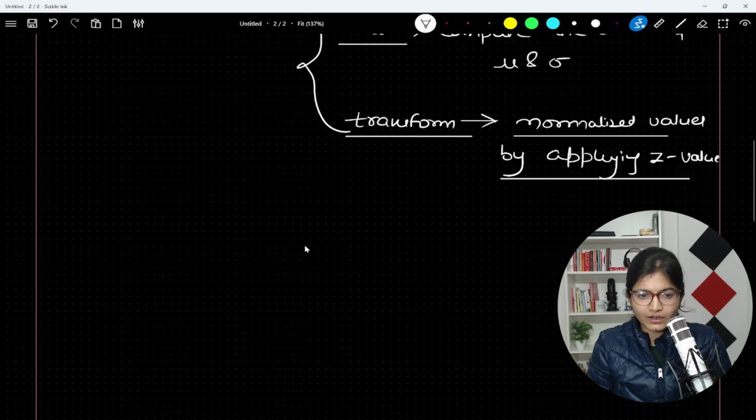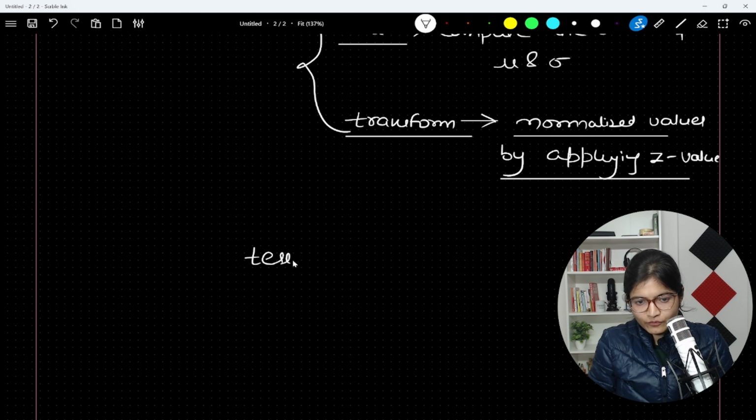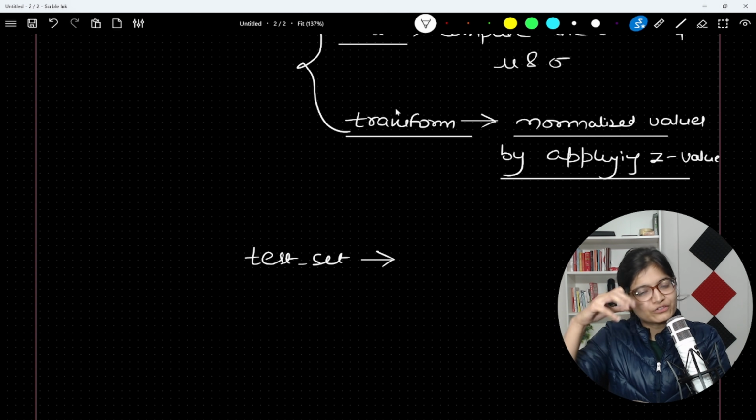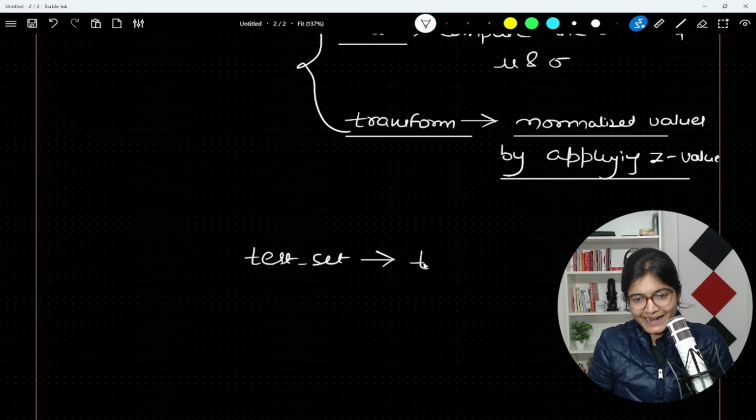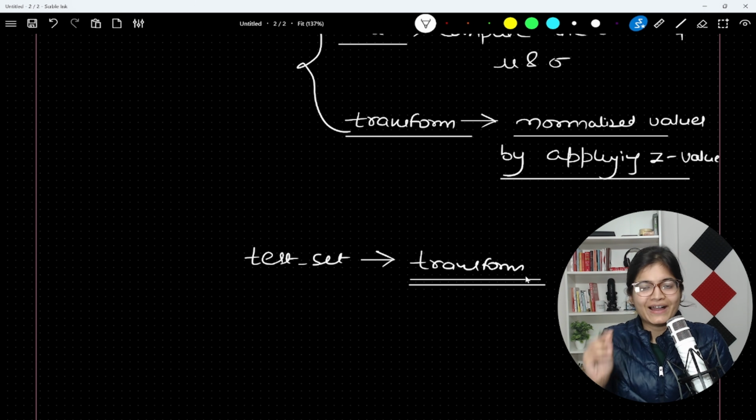Whereas when we are talking about a test set, because now in the training set we already have the values of mu and sigma for every feature, that same value we will apply and we will just do the transformation. Means we will just find the z value with that mu and sigma, because we don't want to change the properties of the test set, and that is very important to understand.